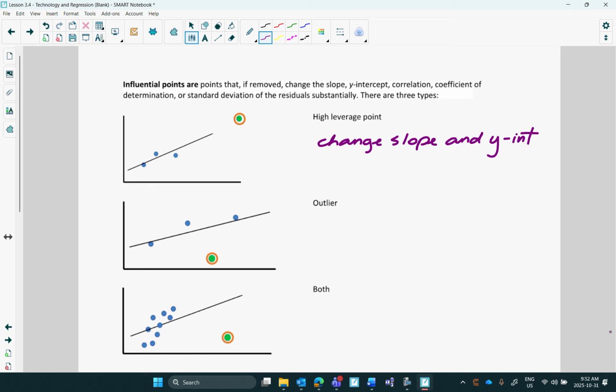When we take out an outlier, like this, it doesn't really have an impact on slope and y-intercept, but it will change the standard deviation of the residuals, the correlation coefficient, as well as the correlation coefficient squared.